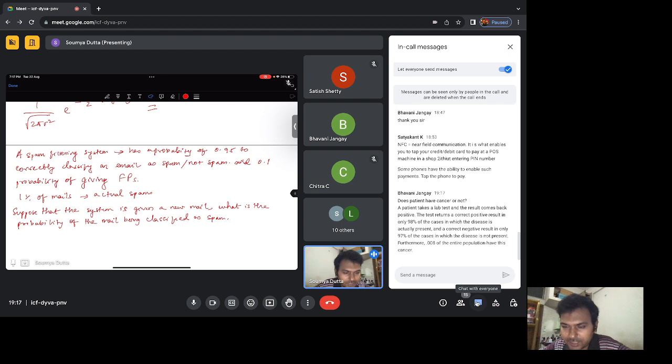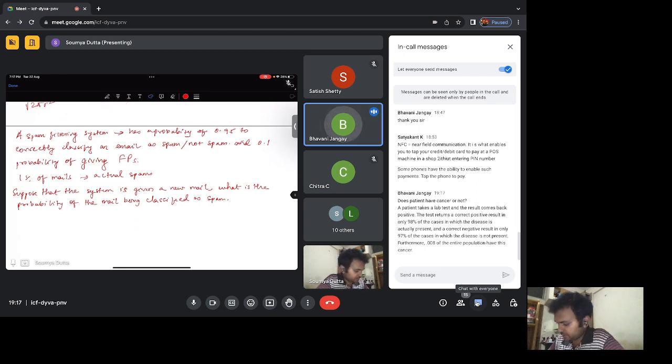Further, 0.008 of the entire population have this cancer. They have provided the formulas for patient having cancer given he was tested positive, and patient not having cancer given he's tested positive. So these both formulas are being given. I don't know how, because those plus and minus are not getting pasted.